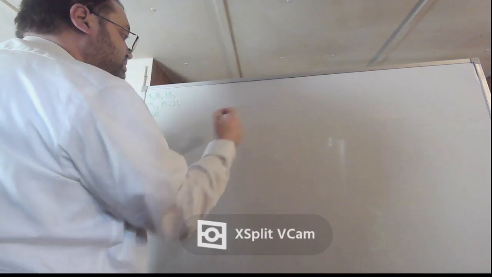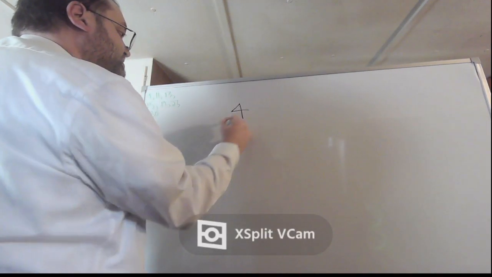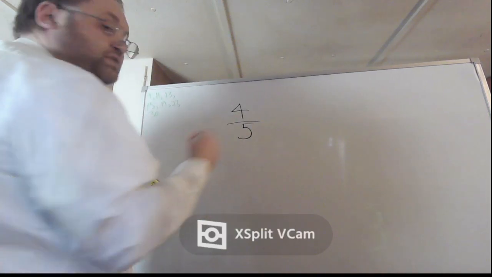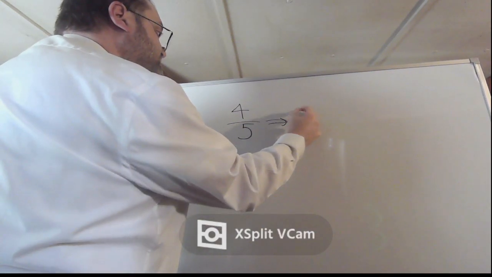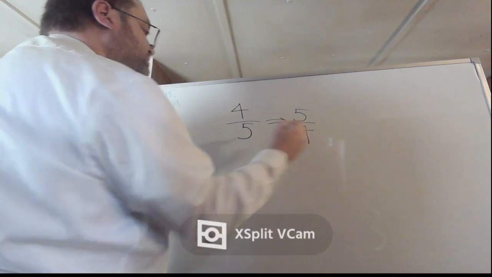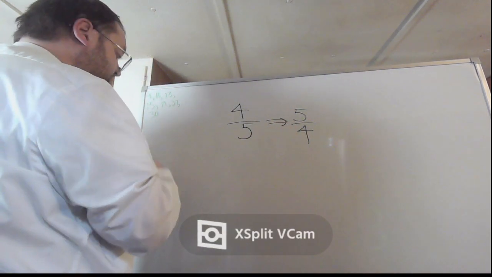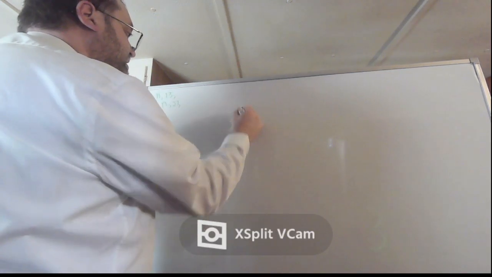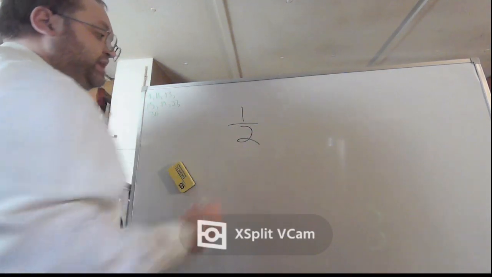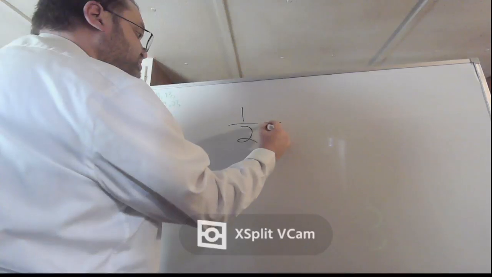Okay, so what about 4/5? What's the reciprocal of 4/5? The reciprocal of that's going to be 5/4. Now, what if I gave you something like 1/2? What's the reciprocal of that? That's just going to be 2.